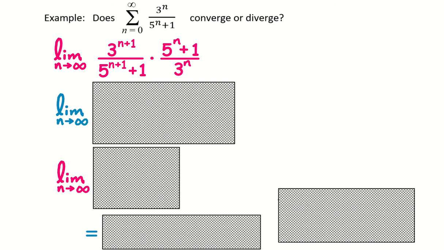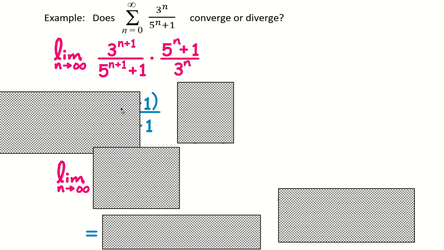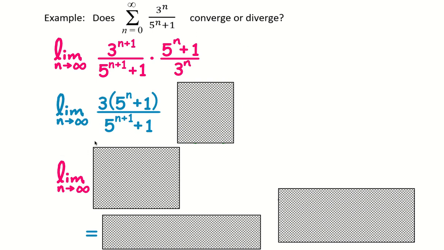And what's going to happen next is we're going to be looking to simplify. And right here, 3 to the n plus 1 power and right there, 3 to the n power, that simplifies. Okay? That simplifies. And you're just left with like a 3.